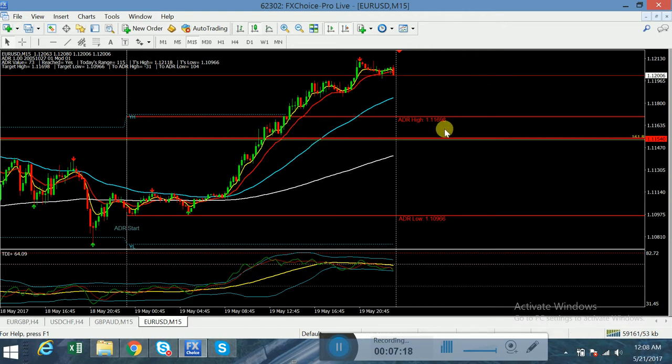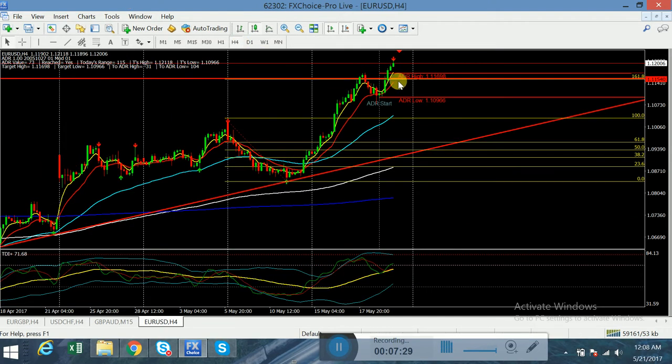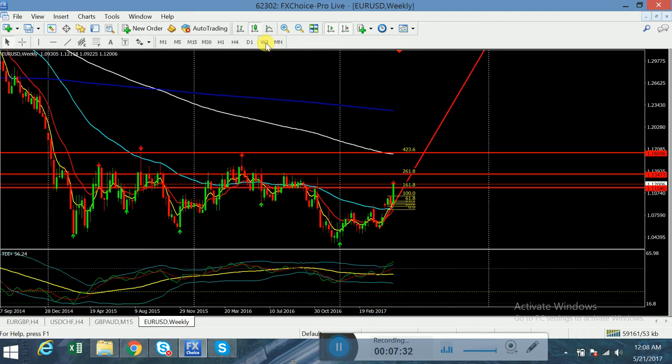So we'll dip down in here, and then we'll take off. Basically what I'm projecting for this week is a very, very large up move.